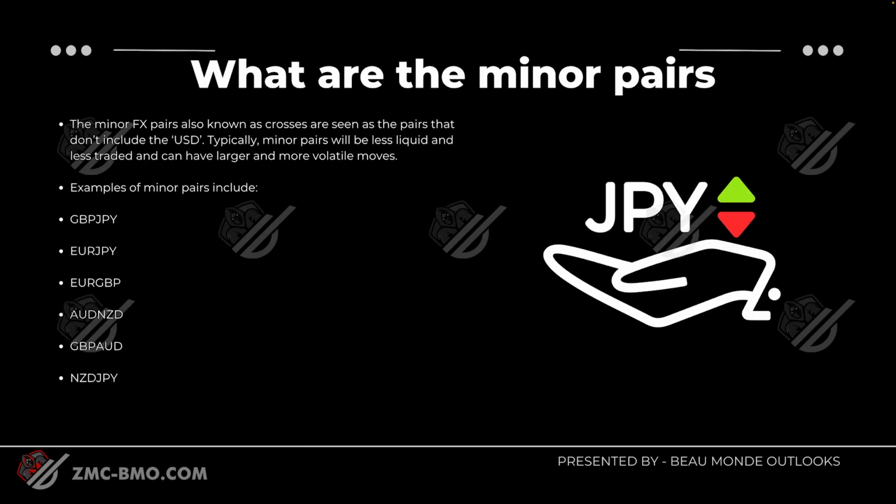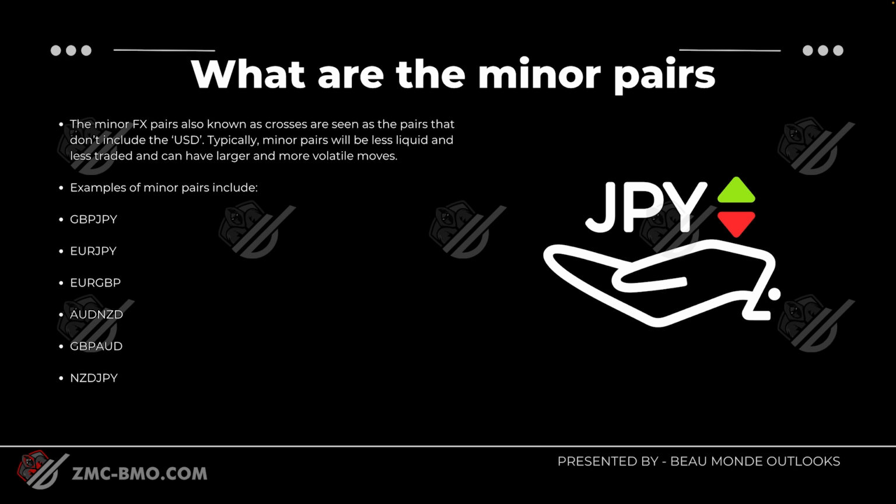Minor pairs are known as the crosses and are seen as the pairs that don't include the dollar. For example, the major ones we were talking about are AUD/USD and GBP/USD. Minor pairs tend to be less liquid, are less traded, and can have larger and more volatile moves. Remember, think about it like the opportunity cost and the business cost for the broker.